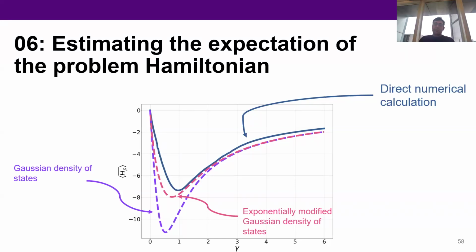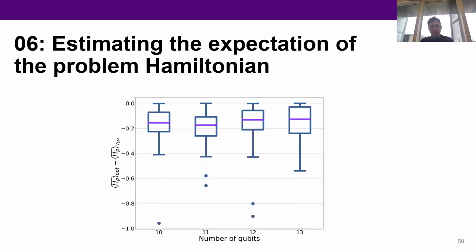So if we wanted to look at maybe some more numerics, we could look at how much the time average value of HP deviates from the gamma you would choose from looking at an exponentially modified Gaussian, and the gamma you would choose if you had access to the true value of HP.